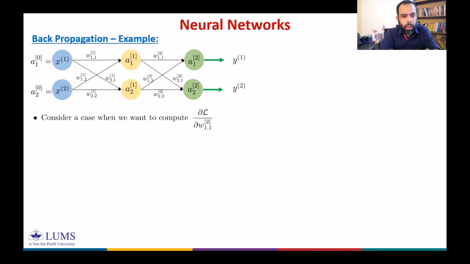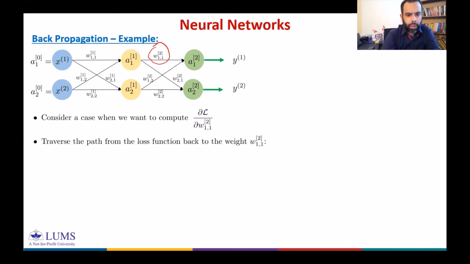Consider a case where we want to compute the partial derivative of the loss function with respect to this weight. We want to traverse the path from the loss function back to this weight, and we need to define a chain rule for these derivatives.